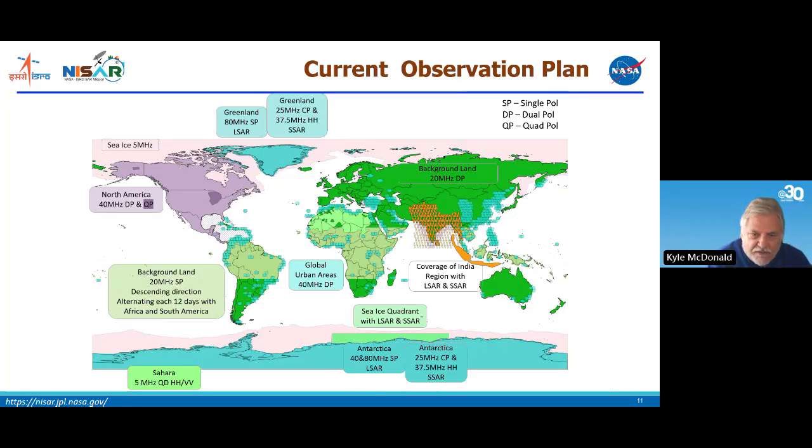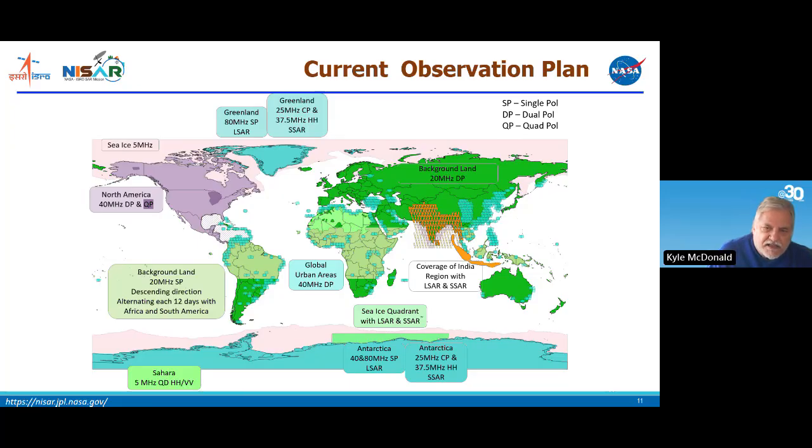This is the observation plan. This shows the various modes that the radar is operated in order to implement the global acquisition of data. The L-band data will be truly global in terms of observing all the Earth's land surface, including islands, Earth's great ice sheets, and also sea ice. The Indians have a little bit more of a focus of where they want to acquire S-band data.